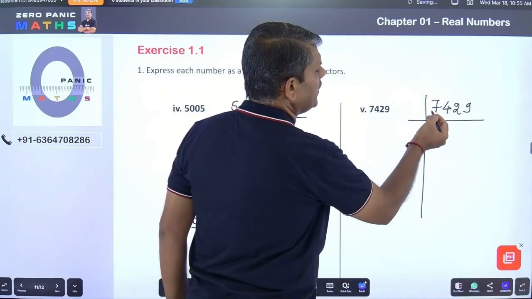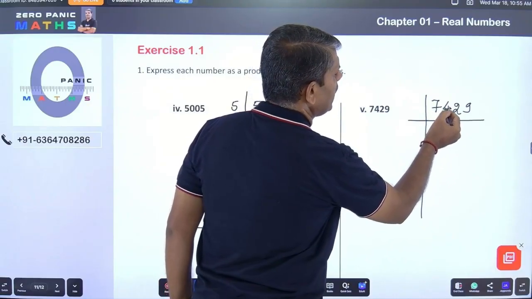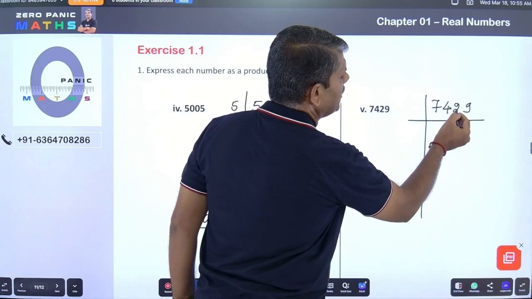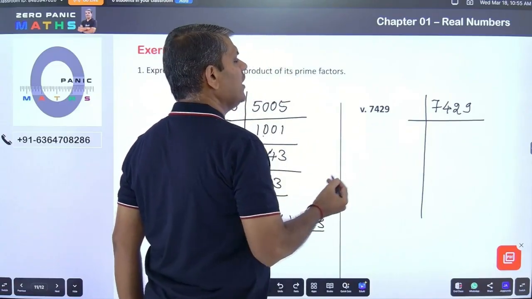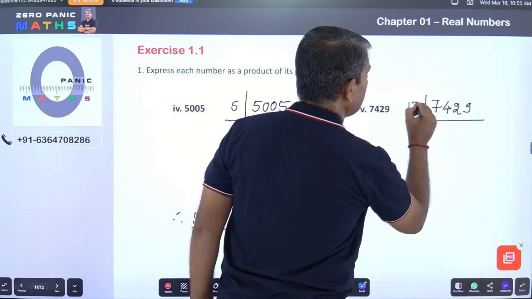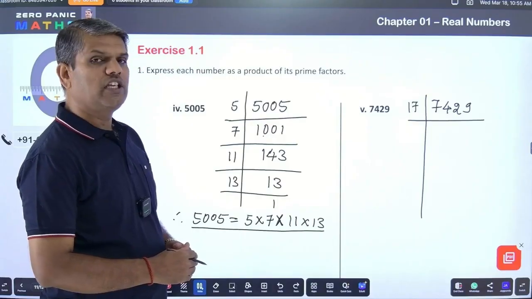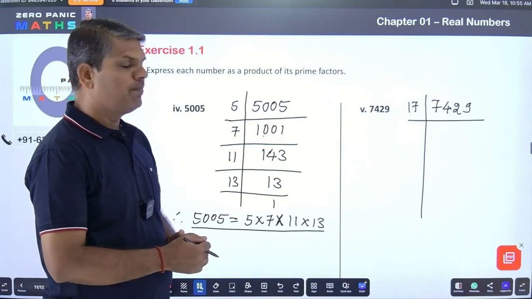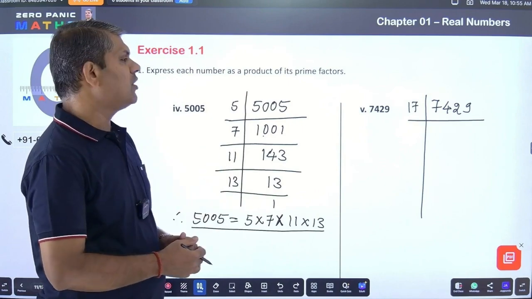If you continue with 3, 3 twos are 6 and 3 sixes are 12, 2 remains, and 3 sevens are 21, but it becomes 19. So continuing in this way, finally you will come to a point where 17 is the minimum most prime factor of 7429. Okay, so it should be done through the trial and error method only.